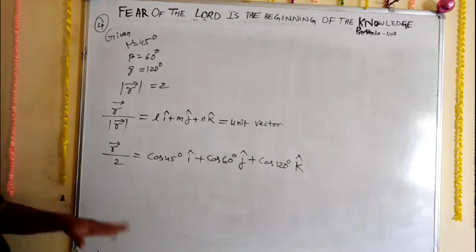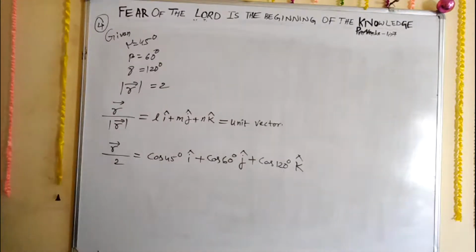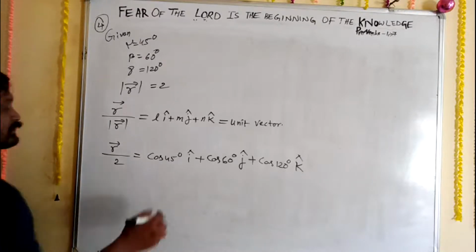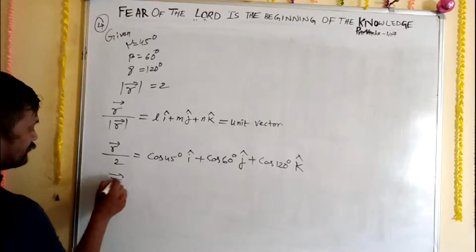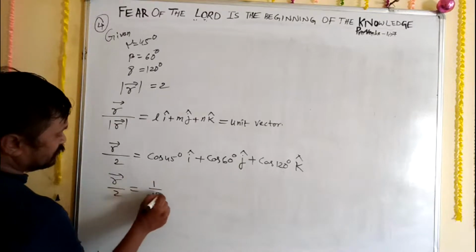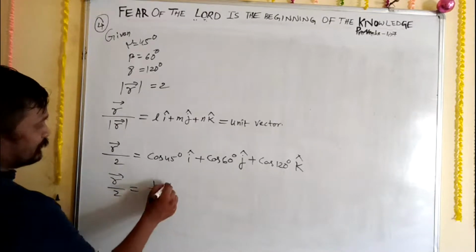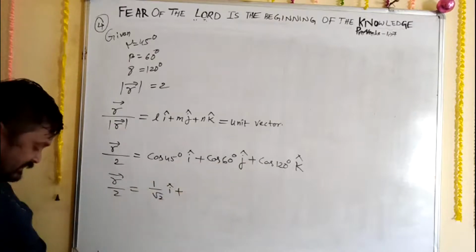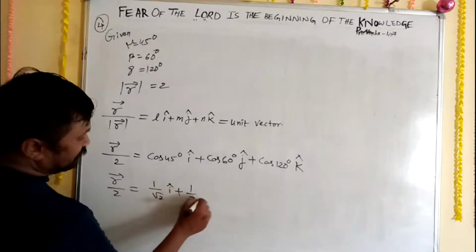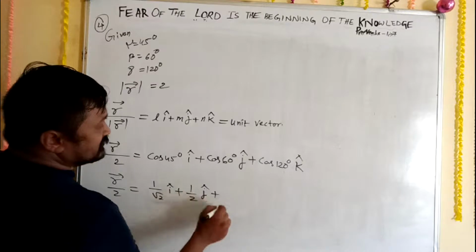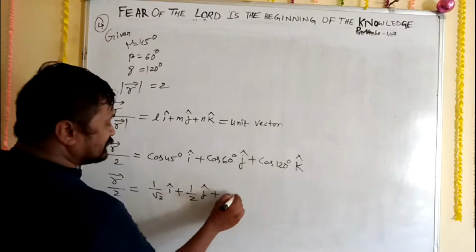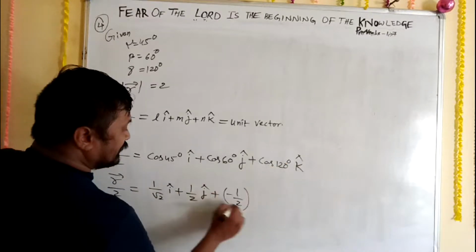Now I can write this as: cos 45 degrees is nothing but 1 upon root 2. So r vector upon 2 is equal to 1 upon root 2 i cap plus cos 60 degrees, which is half, j cap plus cos 120 degrees, which is minus half, k cap.